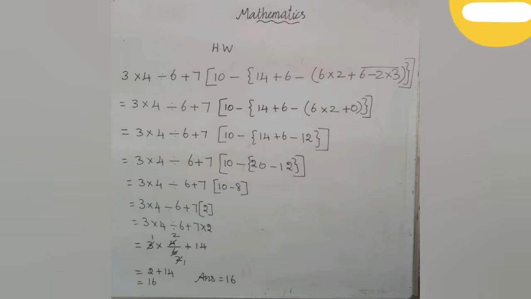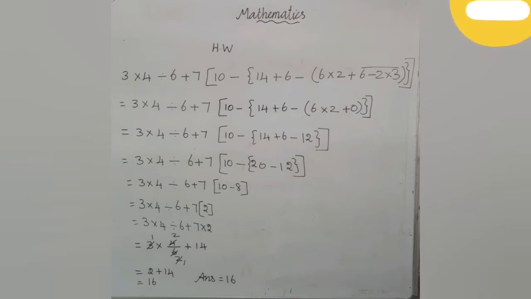Now 4 divided by 6, we can write as 4 by 6. Now 3 into 4 by 6. 3 and 6, we can cut numerator and denominator. Those numbers are in the 3 table, so we can use the 3 table. 1 three is 3, 2 threes are 6. Then here 3 and 3.